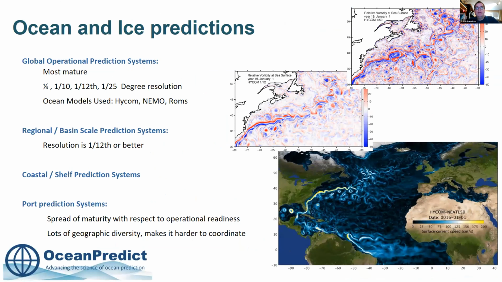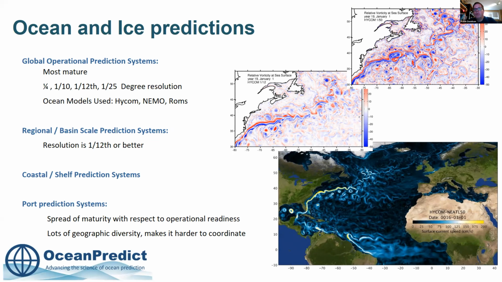So from the ocean prediction perspective, there's a lot of different systems out there, from global systems at very high resolution, some of them at 1/25th degree, like the HYCOM system in the US, and then going with increased resolution for regional or basin scale prediction systems, like for the Mediterranean, for the Arctic, etc. And then we have coastal shelf prediction systems, which at the moment are around 2 kilometers or less.